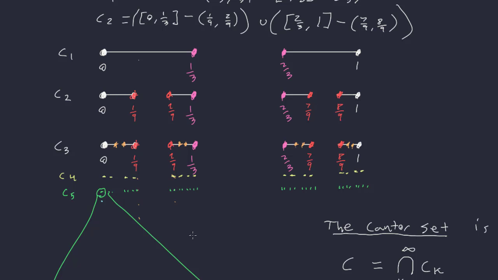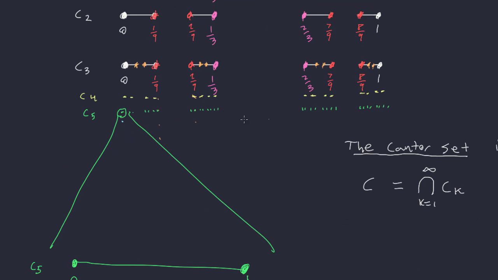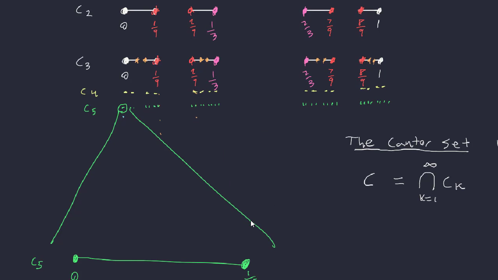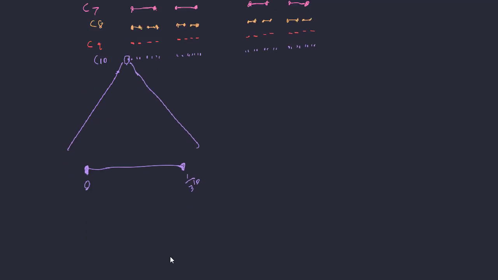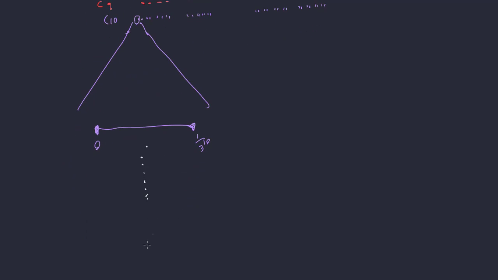And what ends up happening is, if you think about the points that are going to be in every one of these, what we would do is continue to zoom down and down and down and down, and you would have, if you kept going, the rightmost piece for every one of these, okay, is 0 to 1 over 3 to the n.